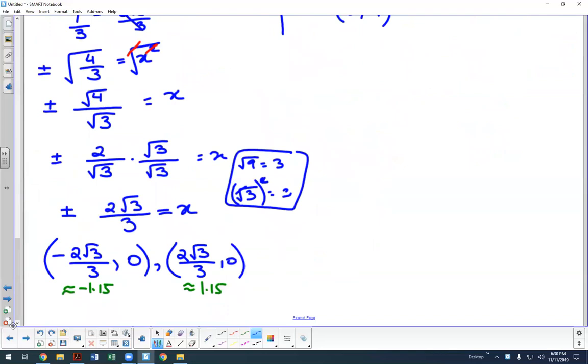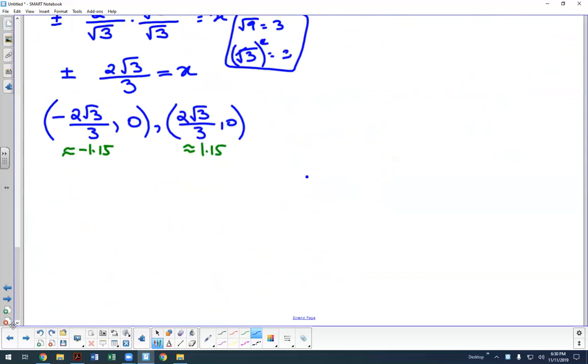Okay, so let's see what the rough sketch of our graph will look like. We've got 1, 2, 3, 4, 5, 6, 7, 8 maybe.